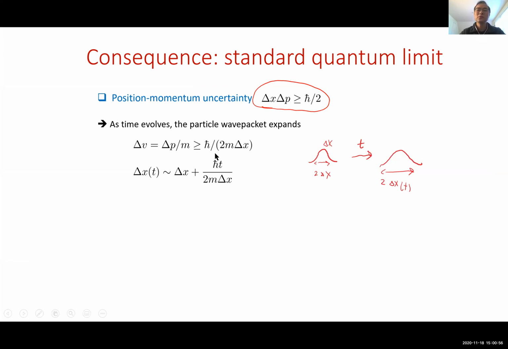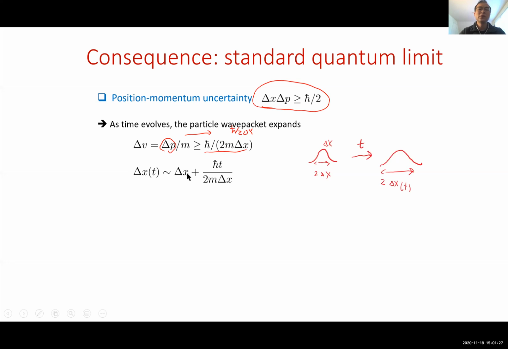The reason is, using this uncertainty, I can roughly define the uncertainty in the velocity. That will be the uncertainty in the momentum divided by the mass. And using this uncertainty relation, I replace delta p by h bar over 2 divided by delta x, and I get this.